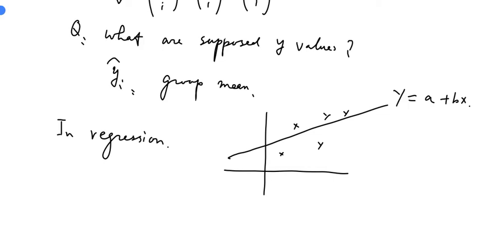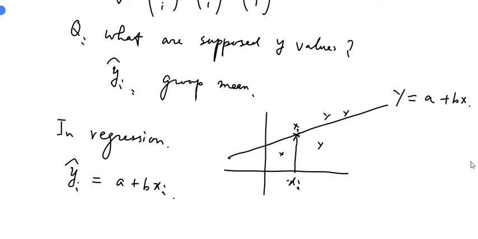So this thing, yi hat. Suppose the yi is like this, when x equals xi. So yi hat is supposed to be on this line. Yi hat is just equal to a plus bxi, right?